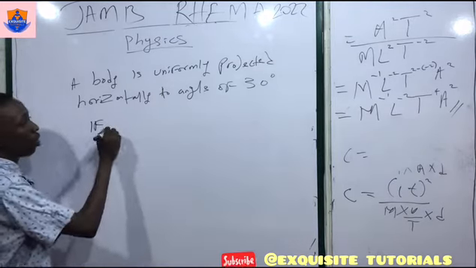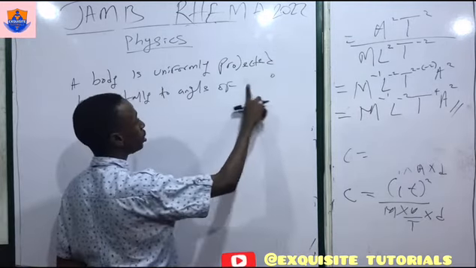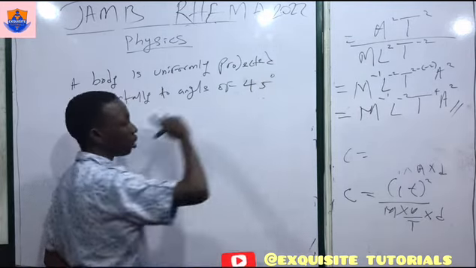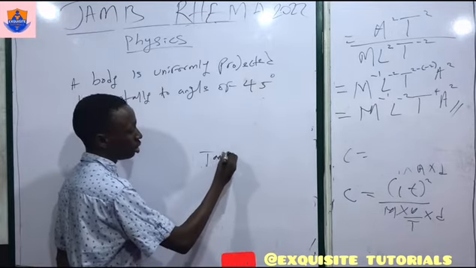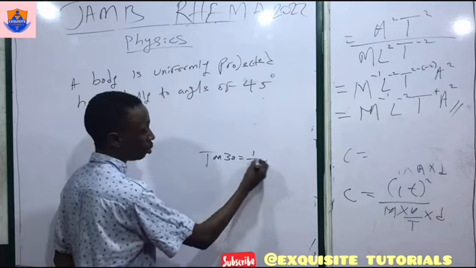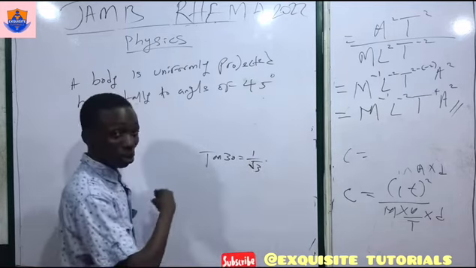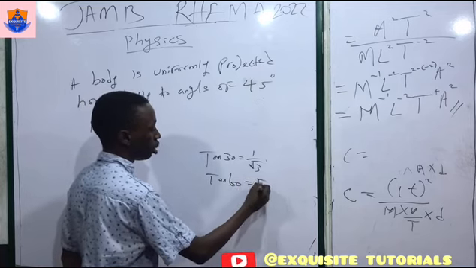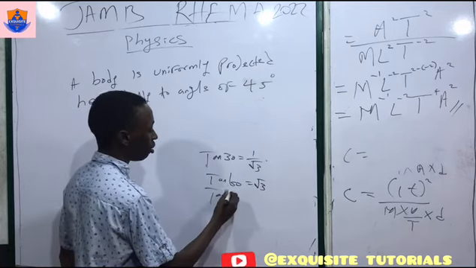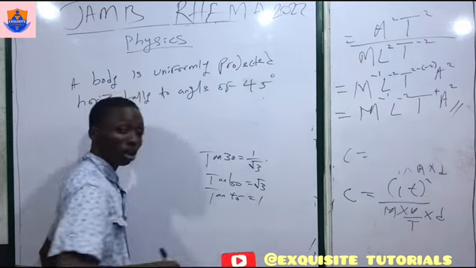Let's work with 45 degrees to make things easier, since we're not working with a calculator. But just so you know, tan 30 is equal to 1 over root 3. Just know all this. Then tan 60 is root 3. Tan 45 is equal to 1.